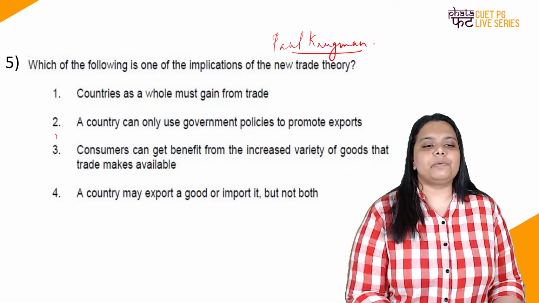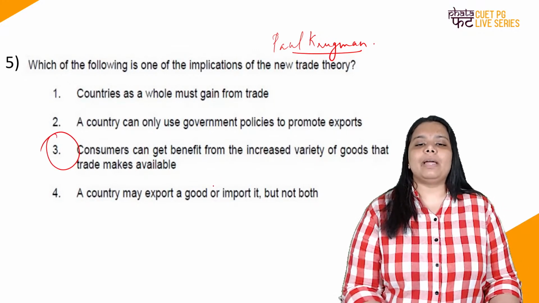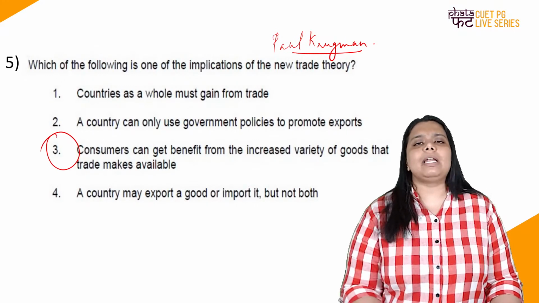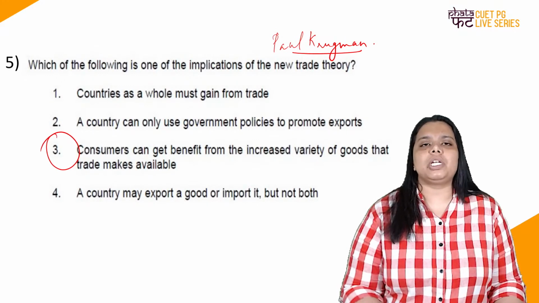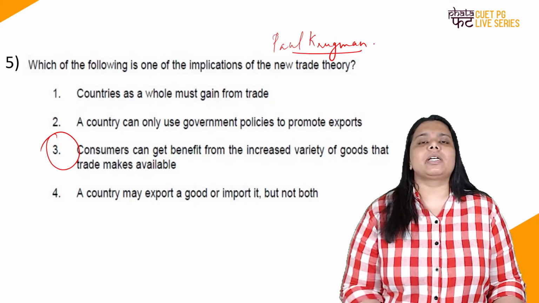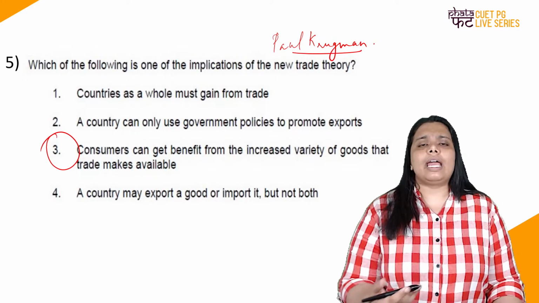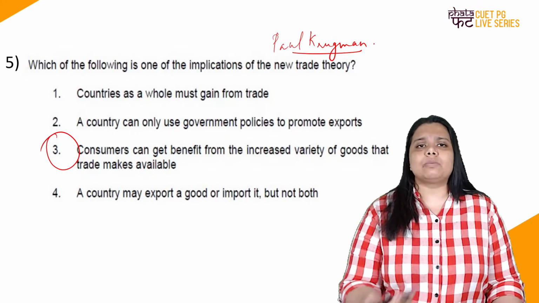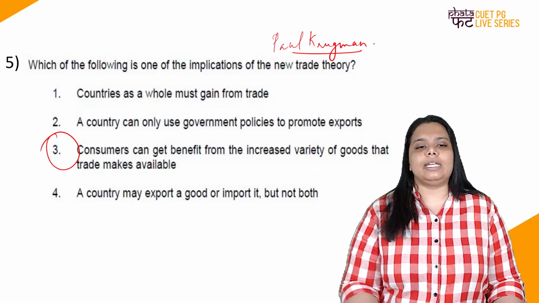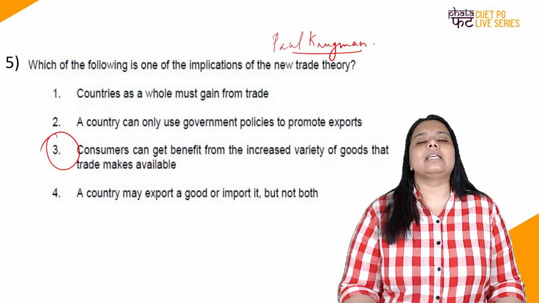So the answer is option 3. Consumers will be benefiting from increased variety of goods that trade makes available. For example, in the case of India, after globalization, international trade flourished, and as a result we have many companies' products available to us. Electronics, fast moving consumer goods, we have very different companies providing their goods in India. So we are benefiting from this increased variety of goods.